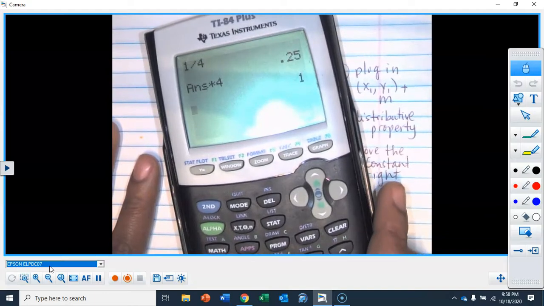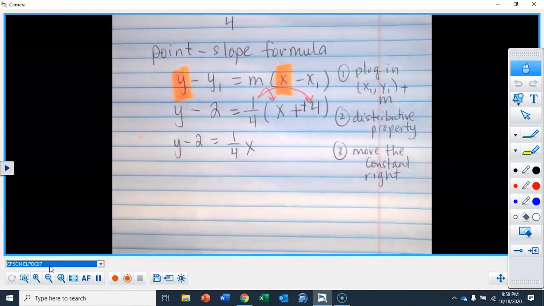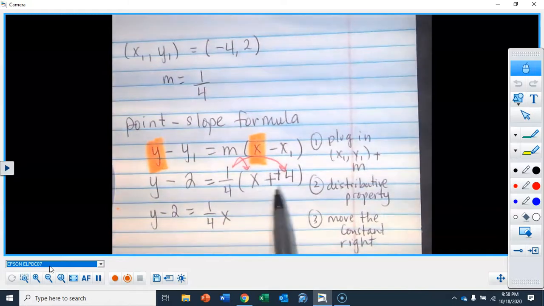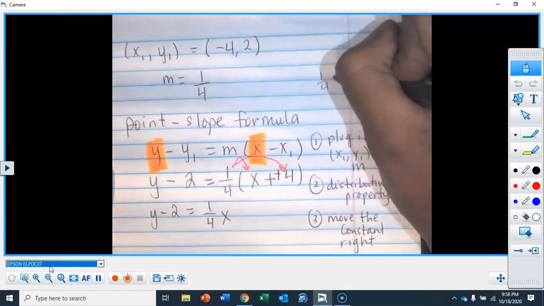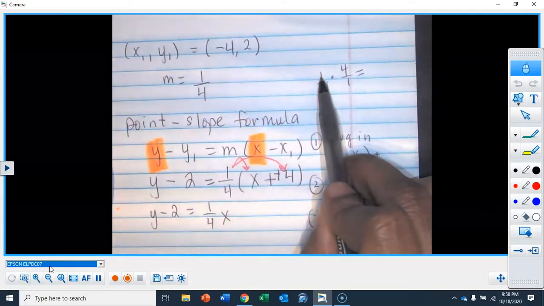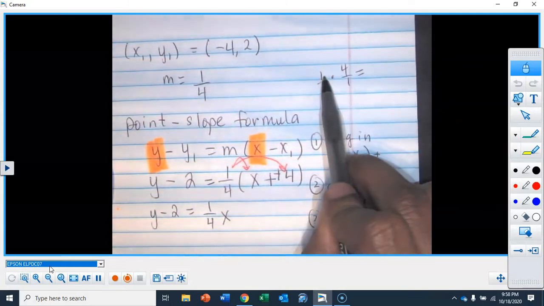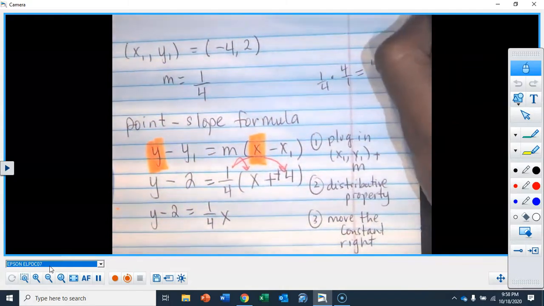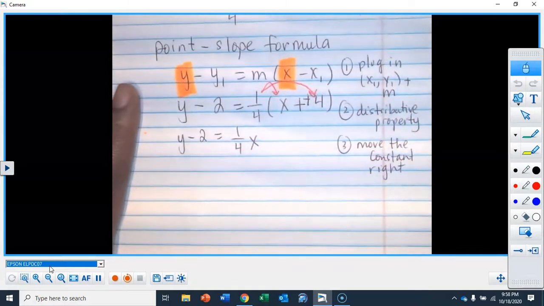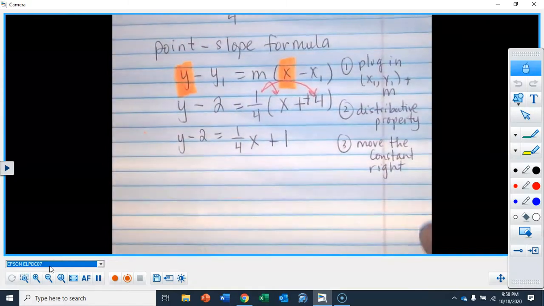There's 1. I like to do my scratch work. So I go to the side of my paper and I say, hey, 1/4 times 4. So 1/4 times 4 over 1. When I multiply across, do not cross multiply, multiply across. So 1 times 4 is 4. 4 times 1 is 4. 4 divided by 4 is 1. That's where the plus 1 comes from.